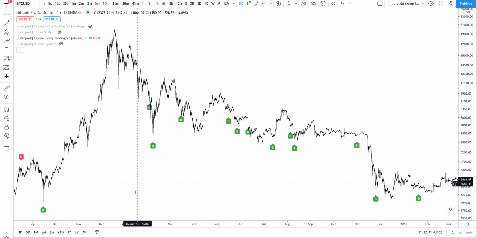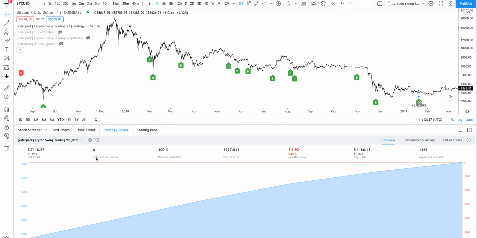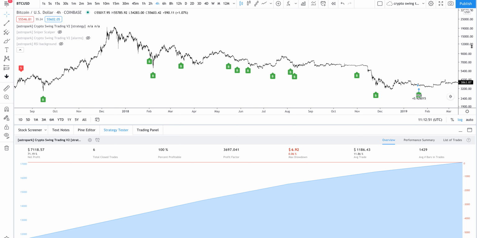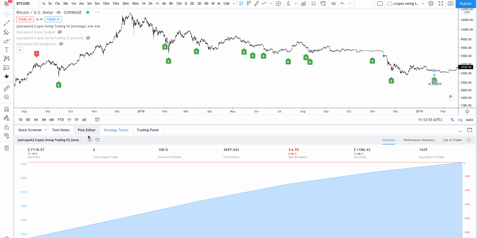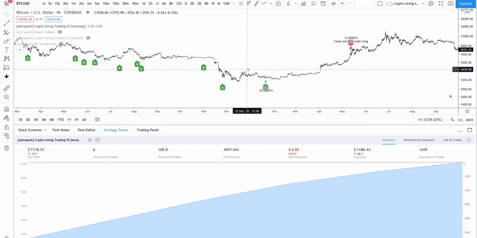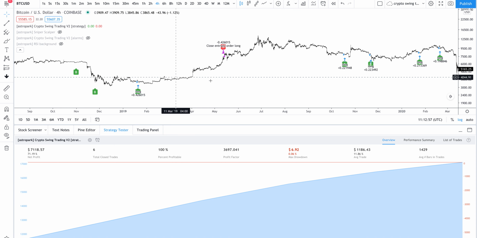We can check, for example, the backtesting. So let's hide the alarms. Yeah, for example, we had a great return, because it was going to accumulate on all these buys.